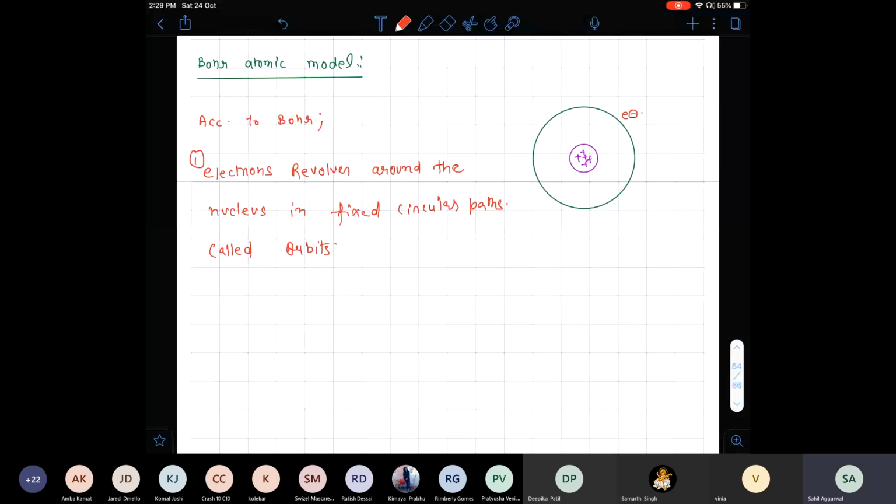So electron revolves around the nucleus in a circular orbit.